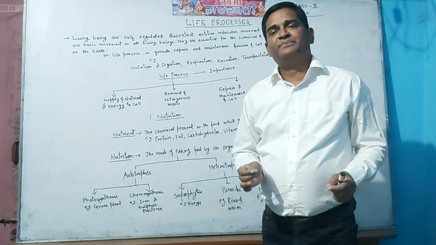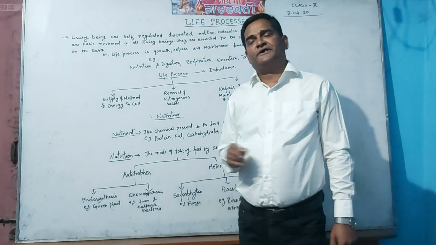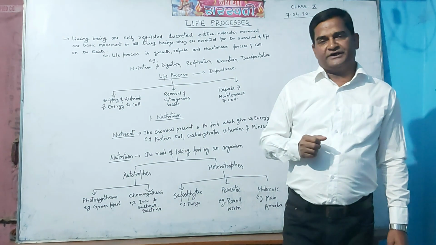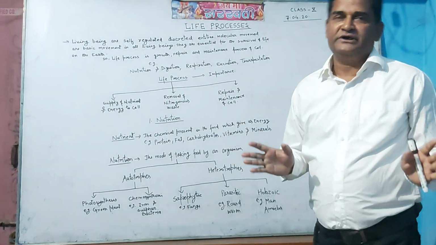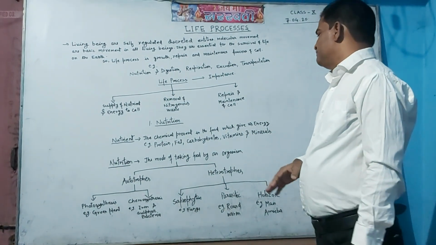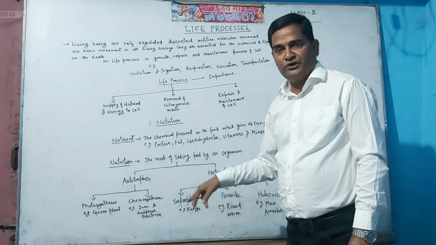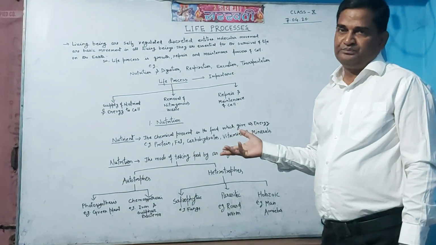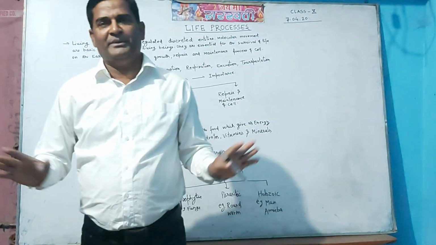So the chemicals present in food which give us energy are called nutrients. And what is nutrition? The mode of taking food by an organism is called nutrition. Nutrition is classified on the basis of how an organism takes food; it may be autotrophic or heterotrophic. There are two modes of nutrition present in all living beings.